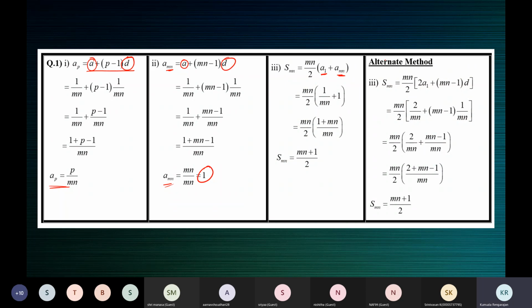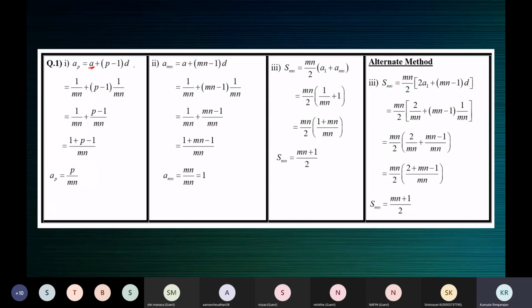Or when you use this formula, the term, like Sn, here it is Smn, so mn by 2. The common difference is 1 by mn. 2a, a is 1 by mn, 2a is 2 into 1 by mn, so 2 by mn. You need to substitute for A and D everywhere.